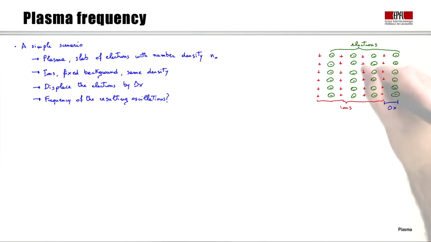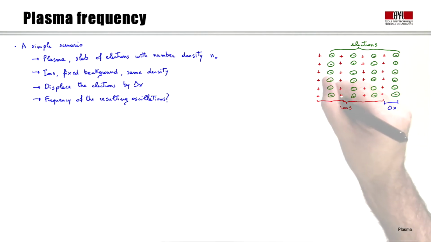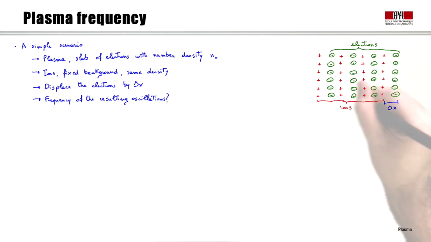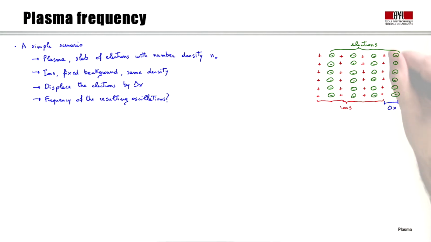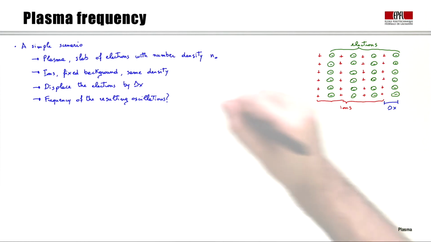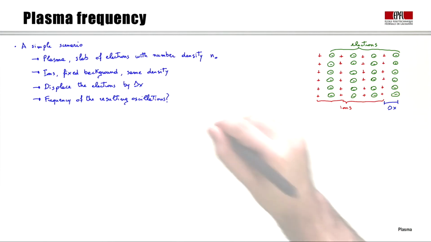The electrons have been displaced, and therefore they will tend to be attracted back towards the ions, and this, as we will see, will cause an oscillatory motion of the electrons with respect to the background fixed ions. And what we want to evaluate is the frequency of this resulting oscillation.